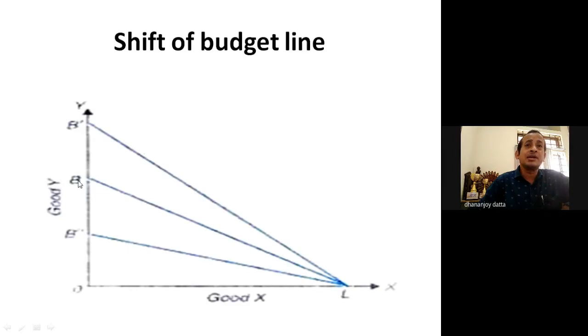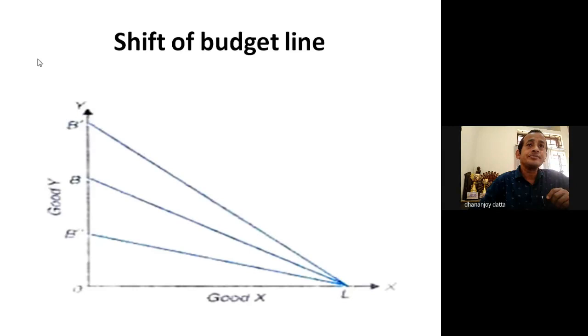So when the income increases, see, B is the original or base budget line, BL is the budget line here. Now when consumer income increased, the consumer is purchasing more of the Y good, and the budget line moves upward and comes to here.